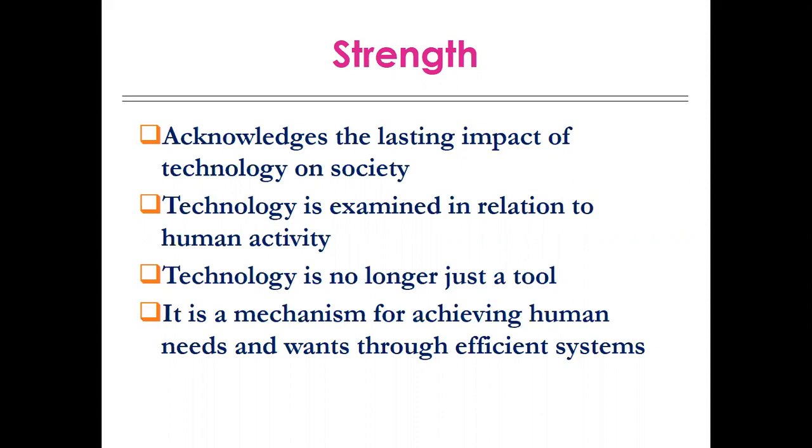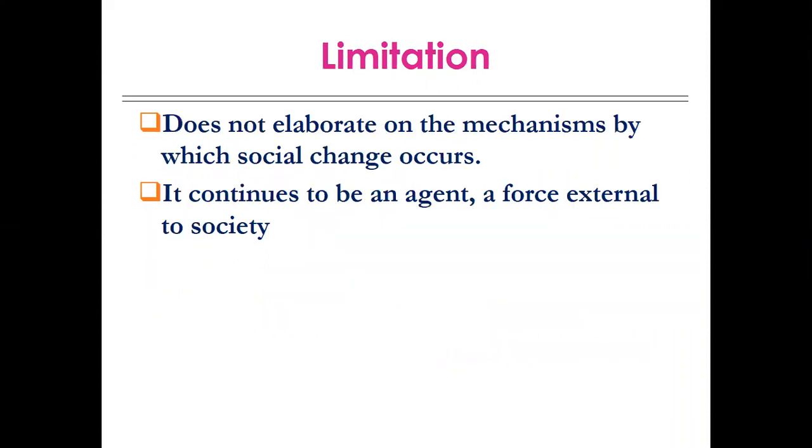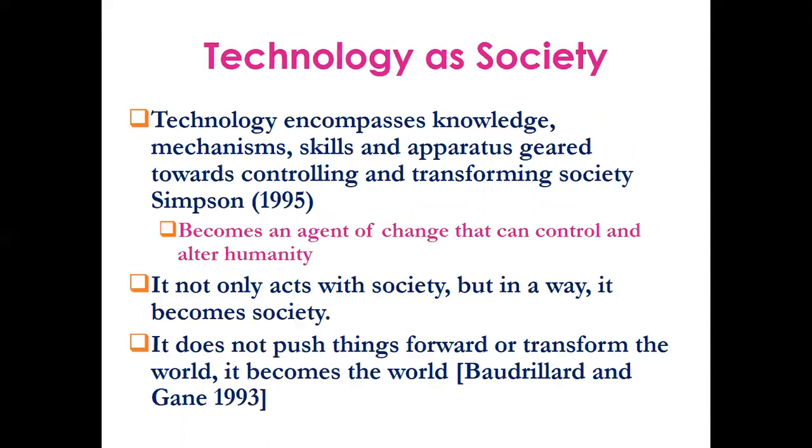So eventually, it appears the definition of technology is now being drawn with society in mind, with human activity in mind. The limitation here is that it does not elaborate on the mechanisms by which social change occurs. Okay, and it continues to be an agent, a force external to society, even though they see it as something that has a relationship to human activity. It's still external to society.